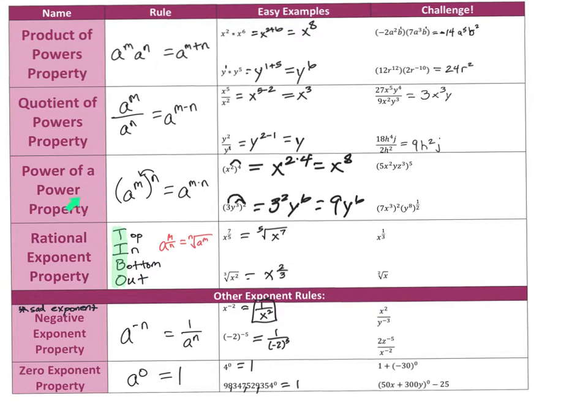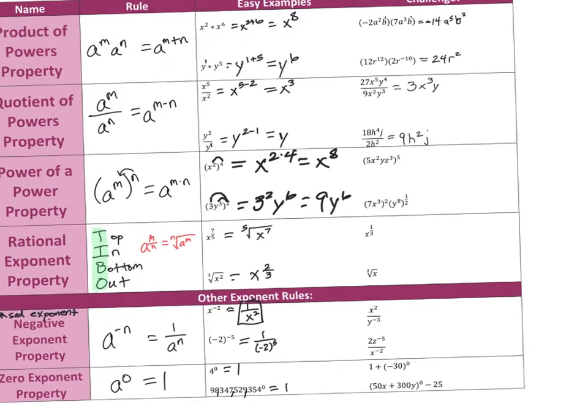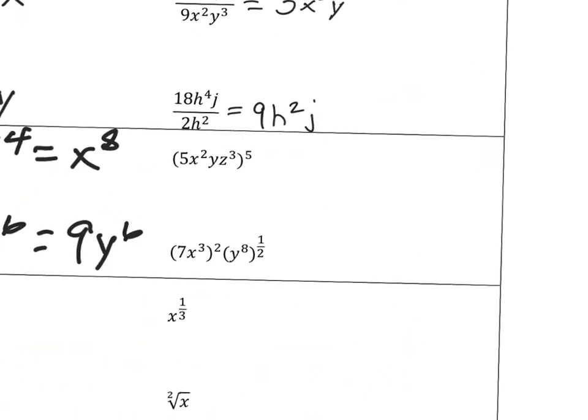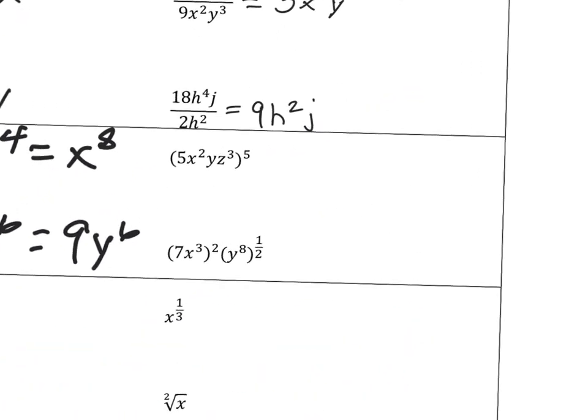Next, we're doing power of a power. So you have an exponent outside of here, power to a power. On those, remember you're multiplying. So looking at that example, I have the 5, and 1 is the exponent for this first 5. Then I have 2 is the exponent for x. The exponent for y is invisible, so it's 1.